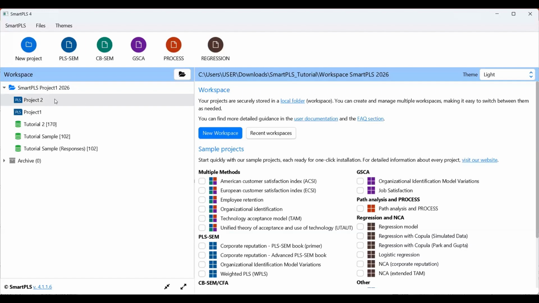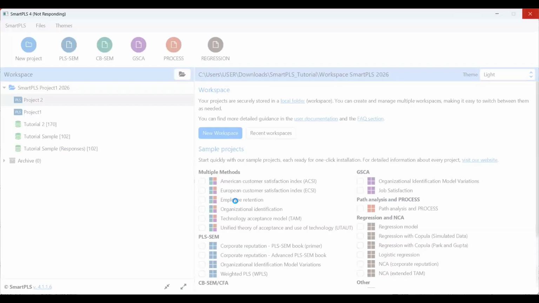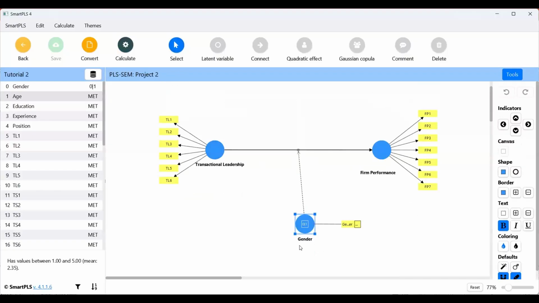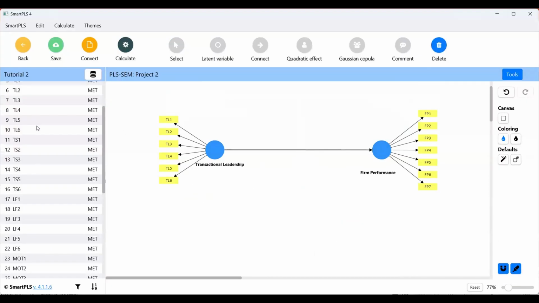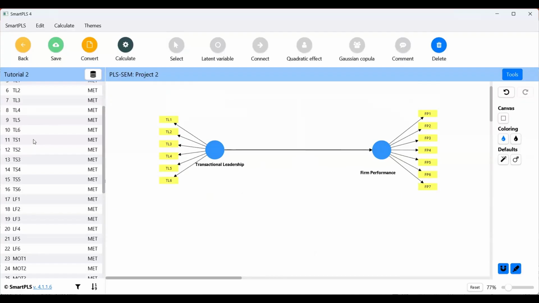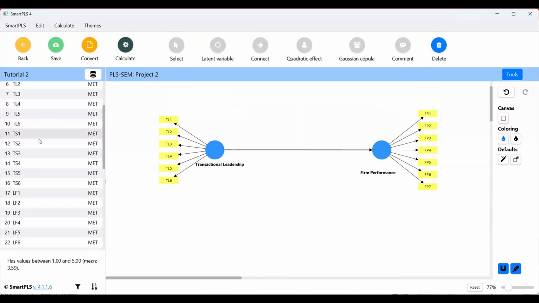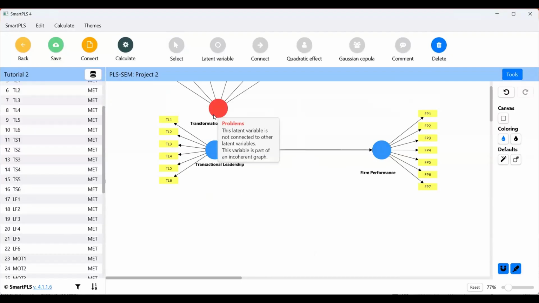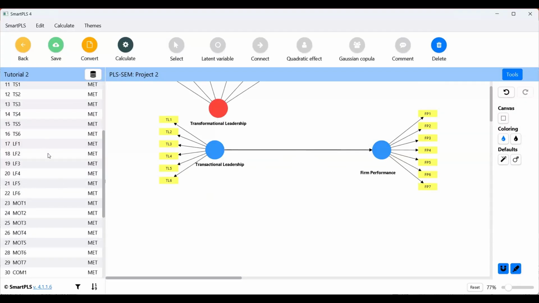Let me open that. So let's try and see if you can create a model today, and then we look at what you have learned. I have TL, that's the transactional leadership. I also have TS, so let me model TS as part of the leadership. This is transformational leadership. And let me see if I can add one to it.